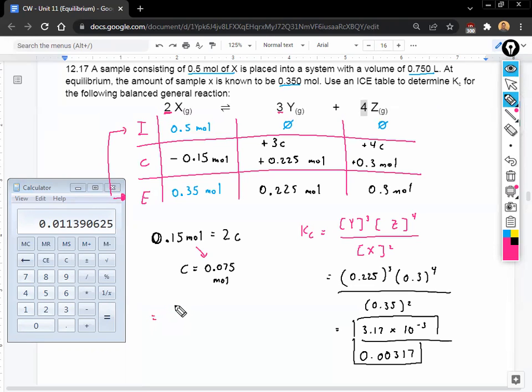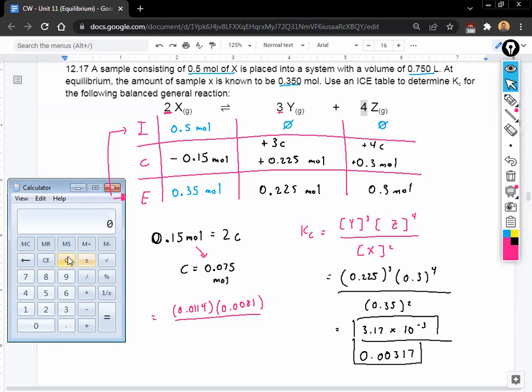So for Y, you'll get 0.011. I'll round to 4. For Z, 0.3 times 0.3 times 0.3 times 0.3, and then that's what you'll get, 0.0081.